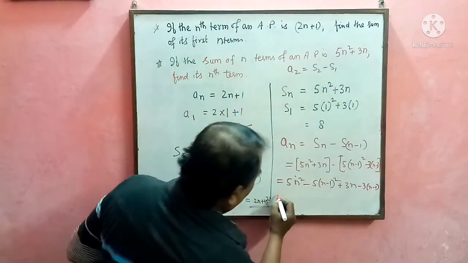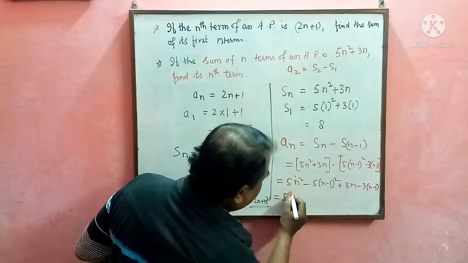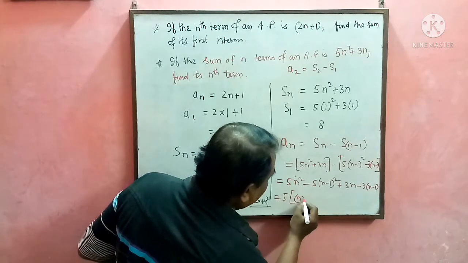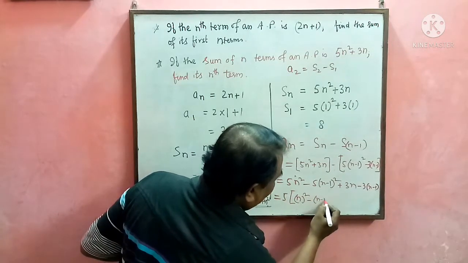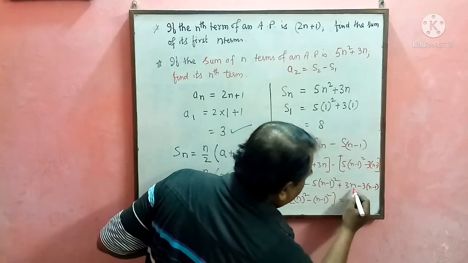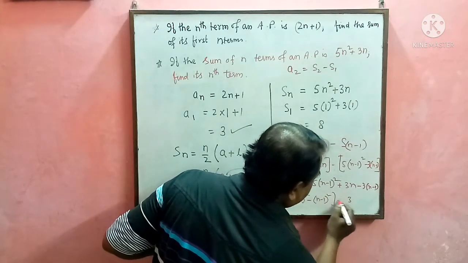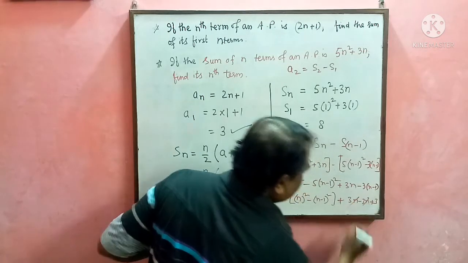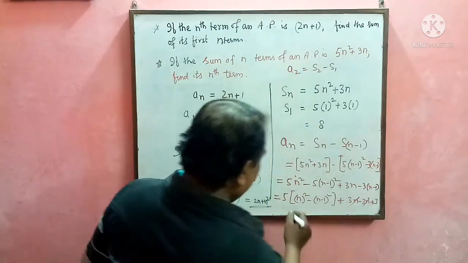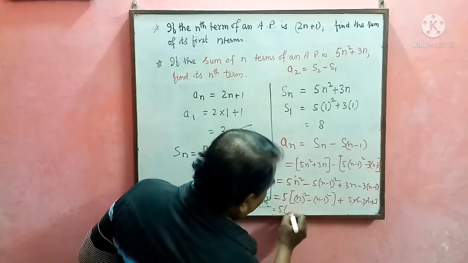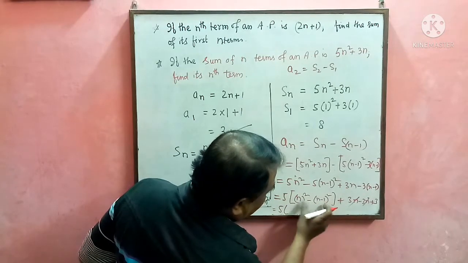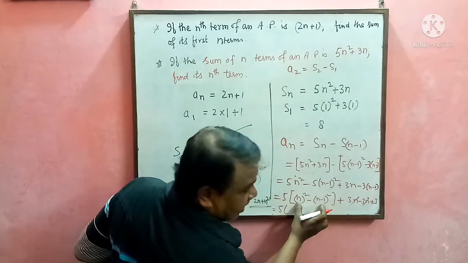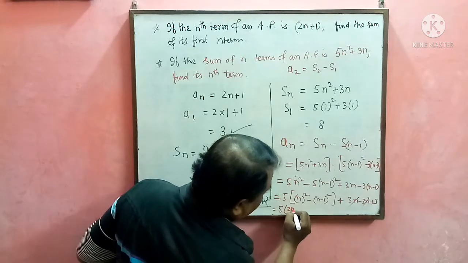Now let's come to the manipulation. This is n² minus (n−1)², and this is 3n minus 3n plus 3. This gets cancelled, and 3 is left out. Here it is 5(a+b)(a−b): if I take the sum, n plus n−1, this will give me 2n−1.